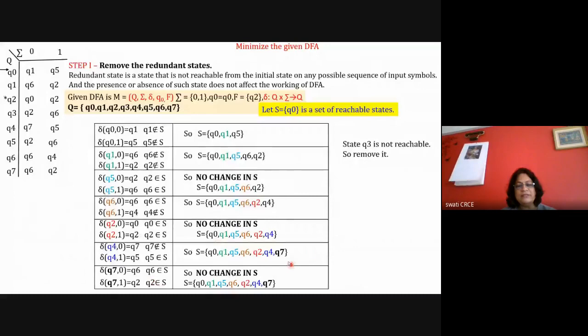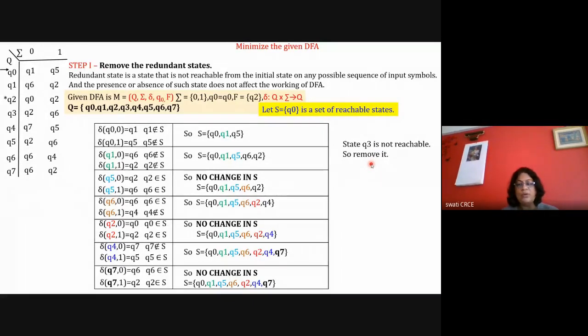Whenever there is no change in S and no states remaining, we stop. The states which are not there will be the non-reachable states. Then you verify your answer by drawing the transition diagram. So in the first step you identify and then remove.